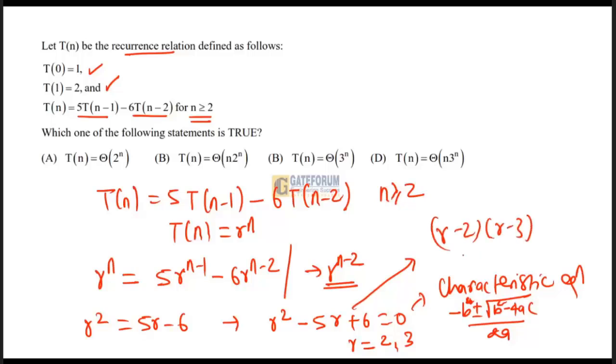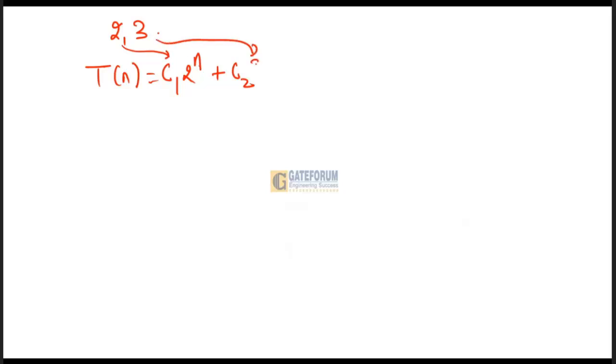We can simply break this equation like this to get the roots. So one root is r equal to 2 and the other root is 3. After getting the roots 2 and 3, I go to the complementary equation of the original, that is c1 into 2 to the power n, because one root is 2, plus c2 into 3 to the power n.